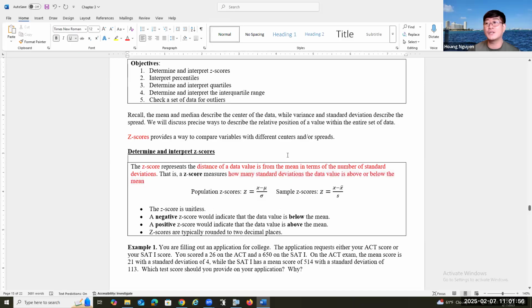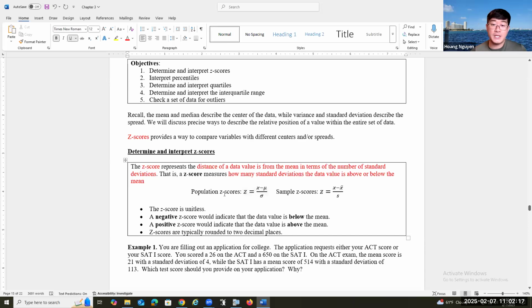So what's the formula to calculate the z-score? The z-score is the distance from the mean, so on the numerator we take the value minus the mean. Then you want to express this difference in terms of the standard deviation, so we divide the difference by the standard deviation.